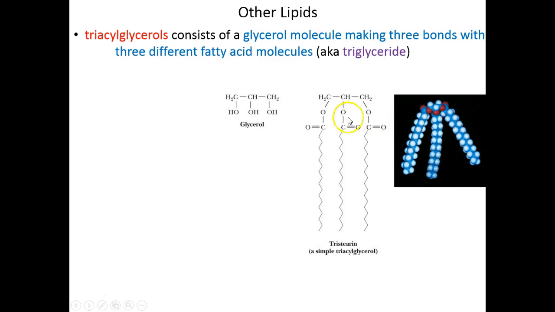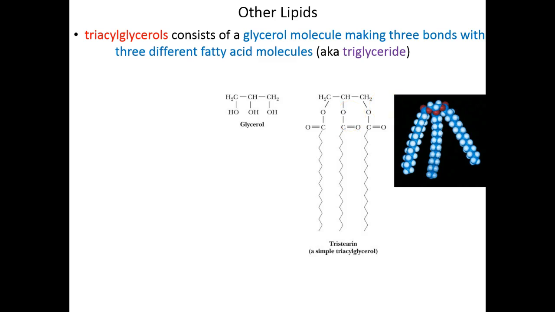We have the glycerol here, making 3 bonds, and the 3 bonds we're making is with 3 independent individual fatty acids. In this case, each of these fatty acids is saturated, hence it being very linear. That doesn't necessarily have to be the case. And we would refer to this as a triglyceride. Tri because there's 3 of them, glycer because this is a glycerol backbone, and ide meaning all of the same.